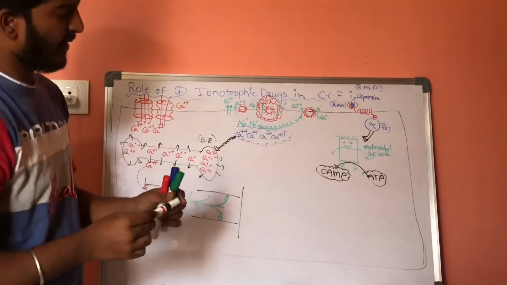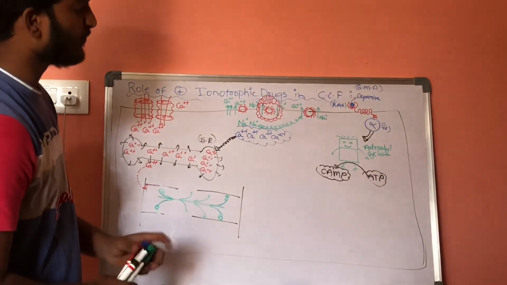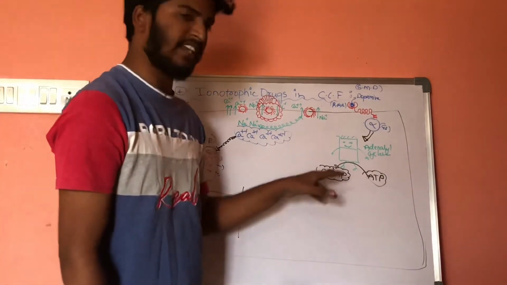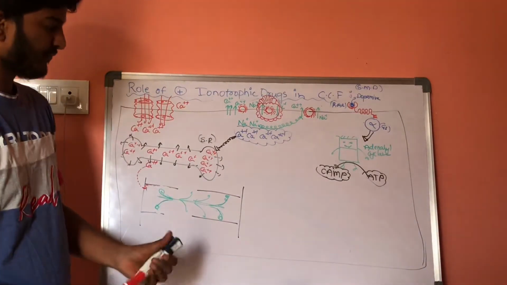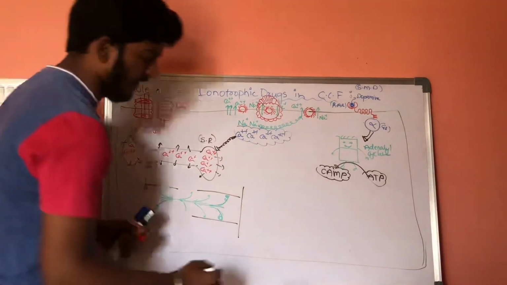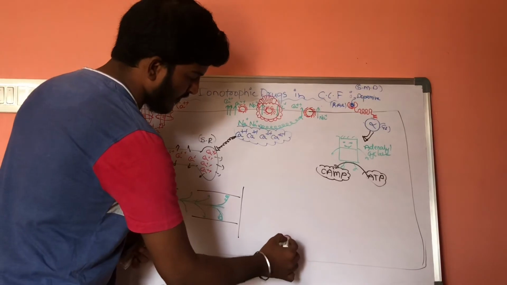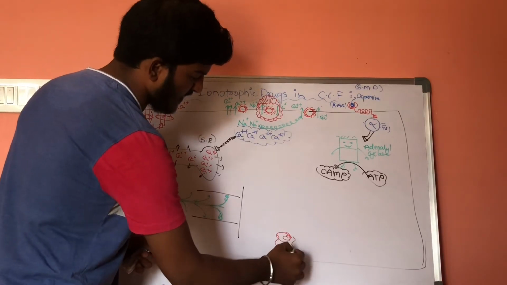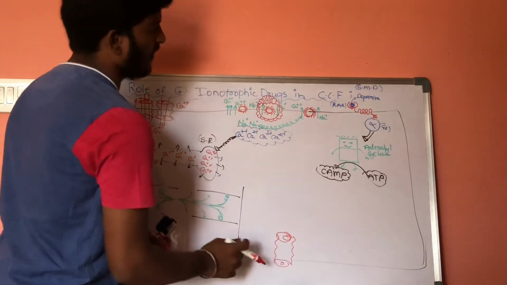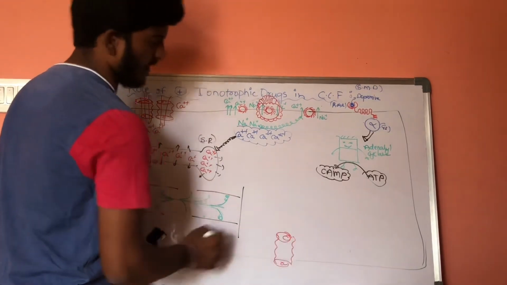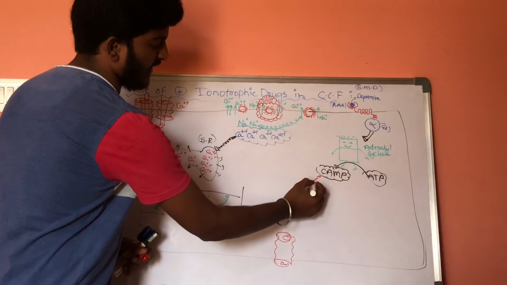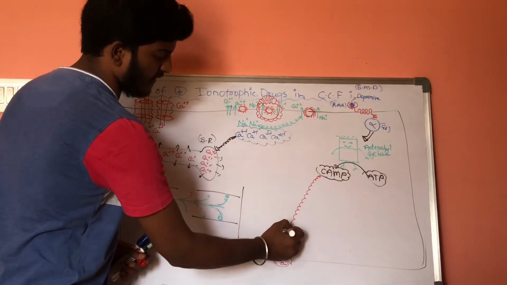Whenever the cyclic AMP is activated, this cyclic AMP will open the calcium channels. It will open the calcium channels.